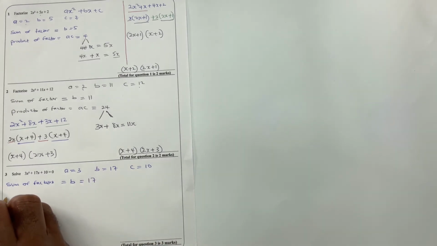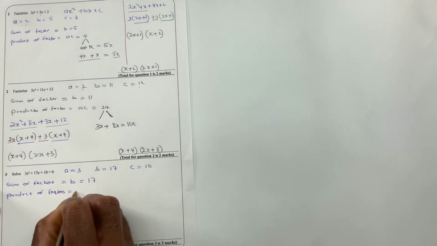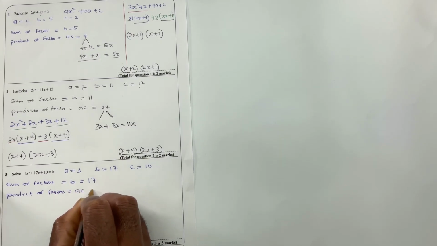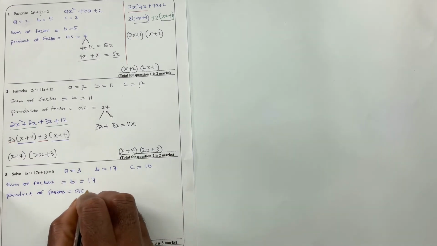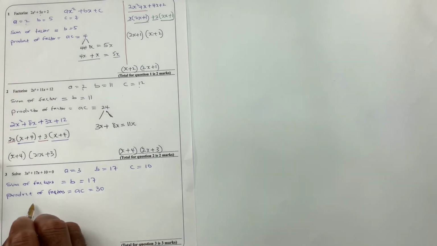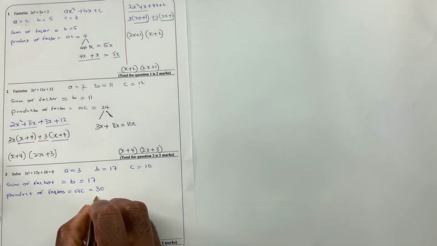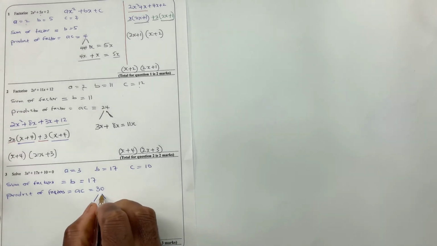And now we need to find the product of factors, and that will be equal to ac. That means 3 times 10, and that will be 30. With that in mind, now I need to find two roots or two factors.